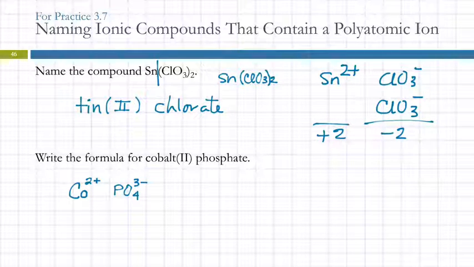So phosphate is PO4 -3. Phosphite would be PO3 -3. There are reasons, but they're not worth going into. How do we put these 2 together? Where did I get the 4? I memorized it. Phosphate is PO4 3-. Yeah, so you just have to memorize it.